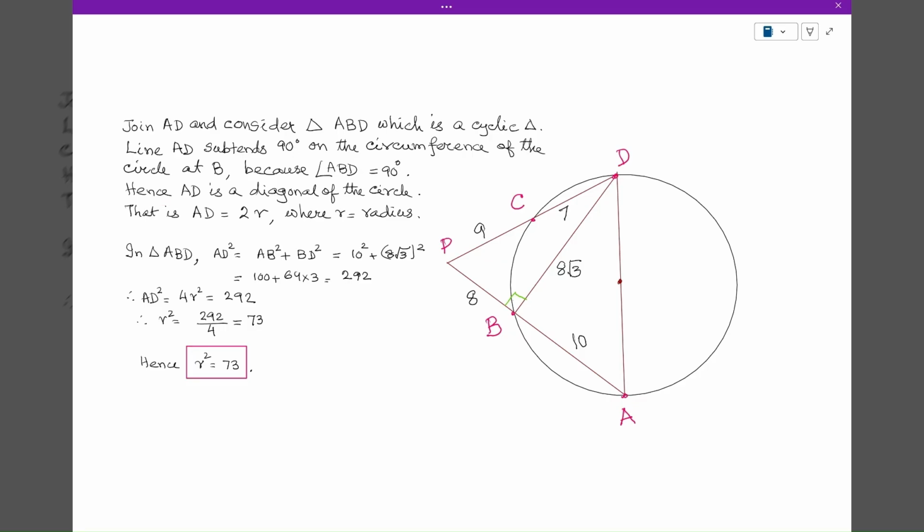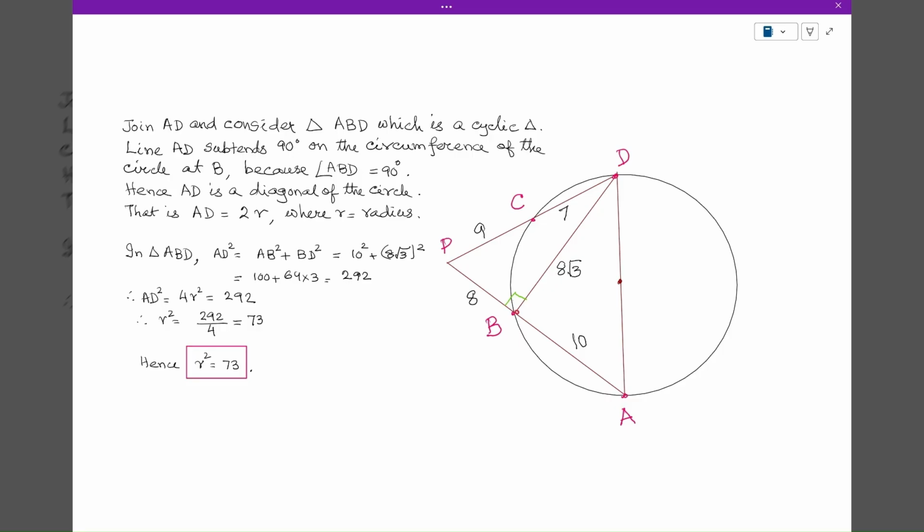Hence, AD is a diameter of the circle from Thales' theorem. If you do not know this theorem, please look in any standard book of geometry and you will understand. Therefore, AD is a diameter of the circle, and since R is the radius, AD being the diameter is 2R.